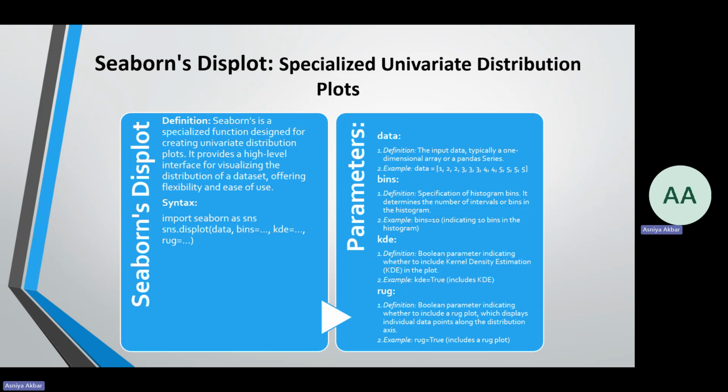There is KDE. KDE is a Boolean parameter indicating whether to include the kernel density estimation in the plot. So you can either keep it true or false using the Boolean values. And lastly, we have rug, which is a Boolean parameter indicating whether to include a rug plot which displays individual data points along the distribution axis.